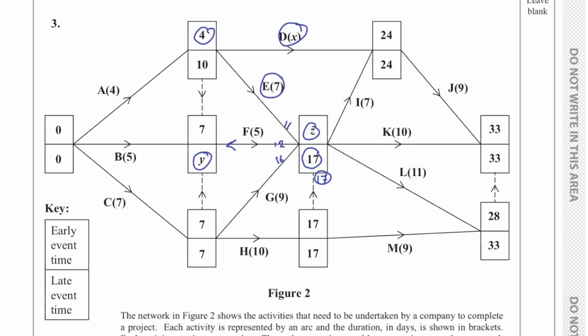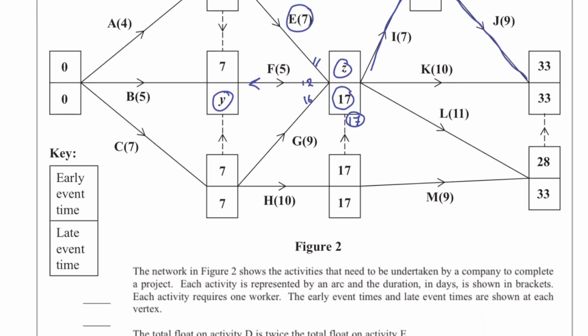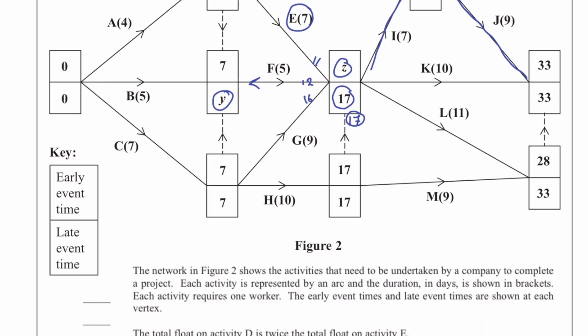Okay, so J is a critical activity, and we want to find other critical activities. So 24 minus 7 minus 17, so I is also a critical activity. We got 17 here, so H is also a critical activity because it has a float of 0.